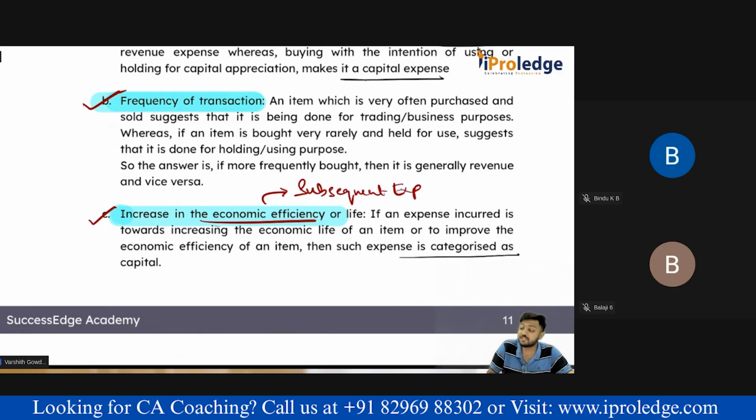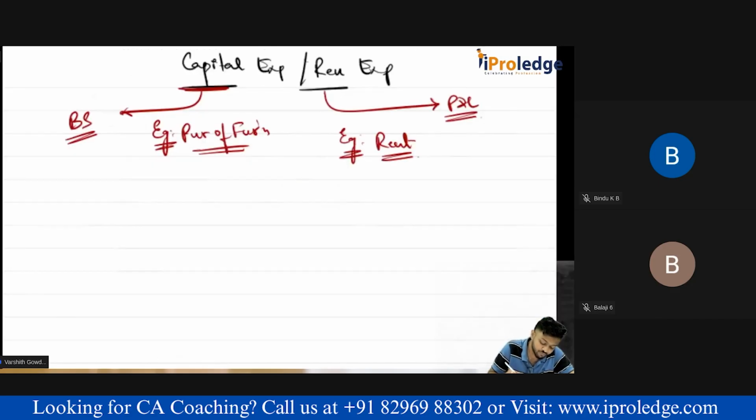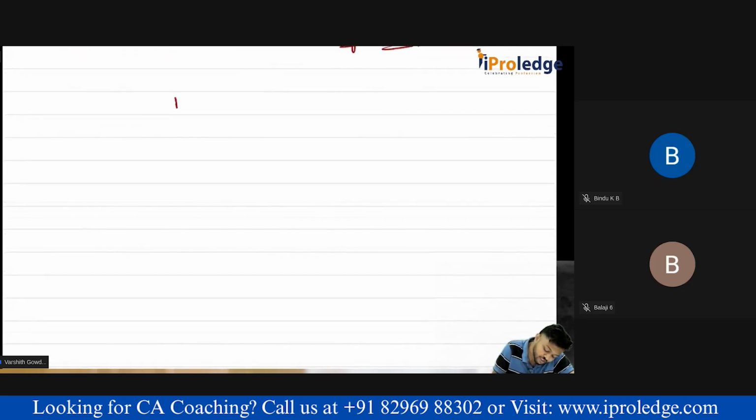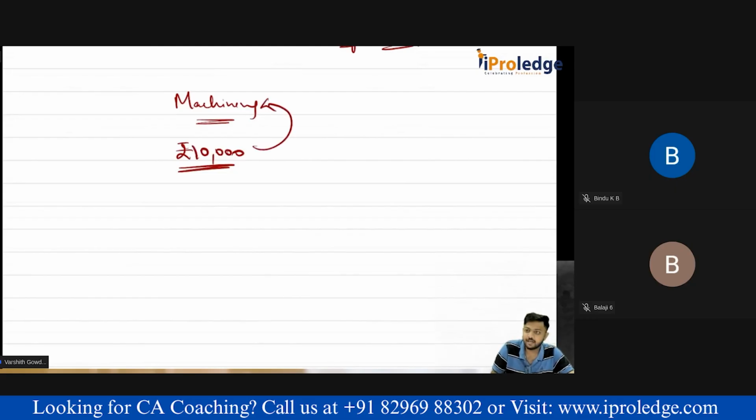Whenever you are doing subsequent expenditure, you have to use this rule. What is subsequent expenditure? Say suppose you have already bought one machinery. It is already there in your premises. Now, 10,000 rupees you have spent on this machinery, for repairs or enhancing it or whatever it is.